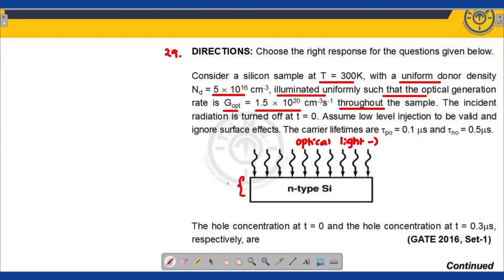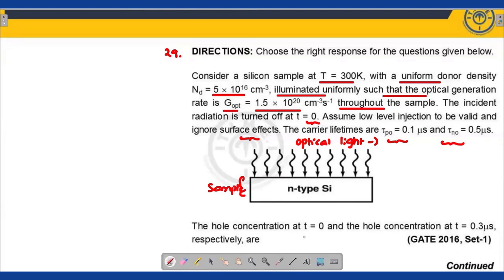This is a silicon sample. Here, the incident radiation is turned off at t equal to 0. Assume low level injection to be valid and ignore the surface effects. The carrier lifetime tau PO, and the lifetime for holes and electrons, is this value.